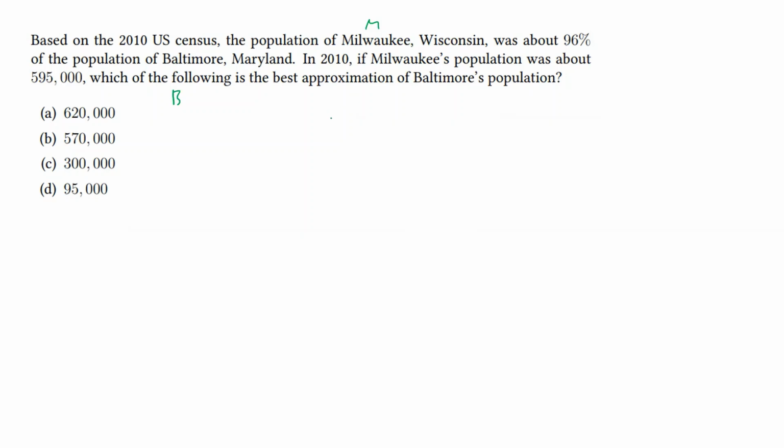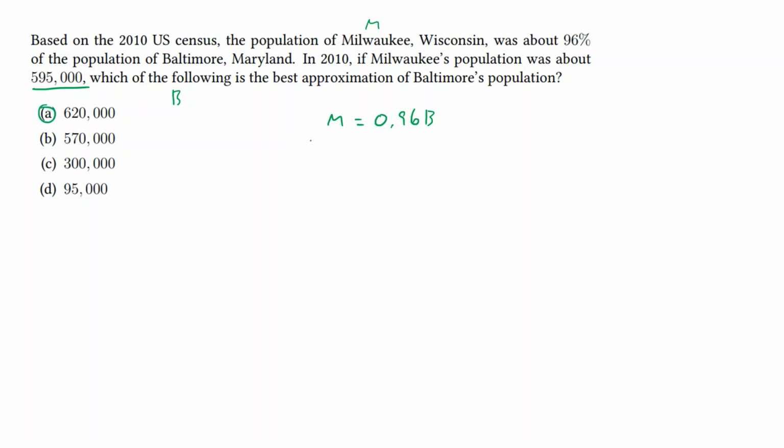We see that the population of Milwaukee, M, is about 96% of the population of Baltimore, B. Thus, M is 0.96 times B. Thus, if Milwaukee's population was about 595,000, we recognize that the population of Baltimore is going to be greater than that of Milwaukee. The only option choice that is greater than 595,000 is 620,000.